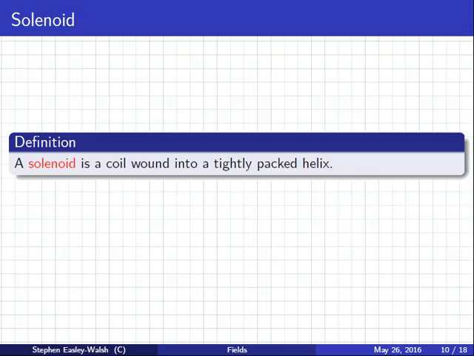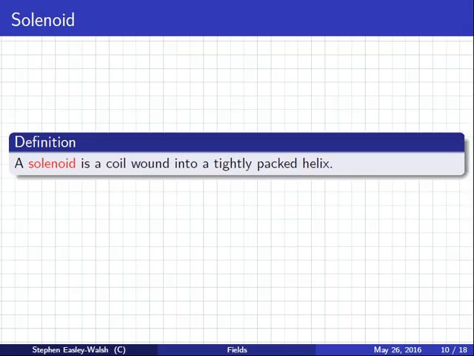So what's the difference between coil and helix? Helix is the name of a spring's shape. Coil is the name of a spring.